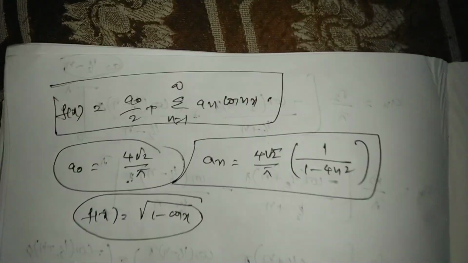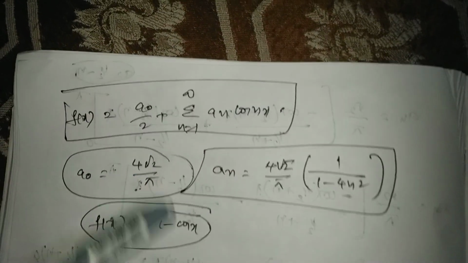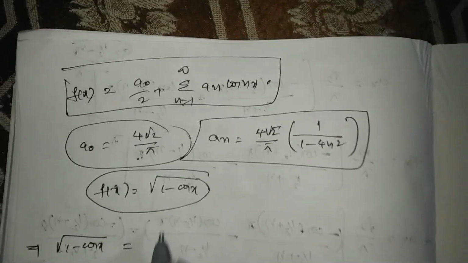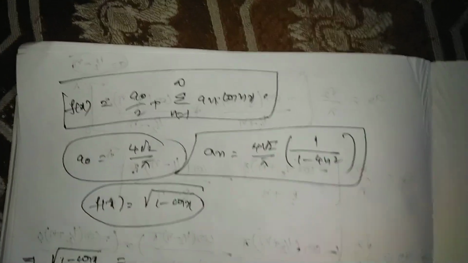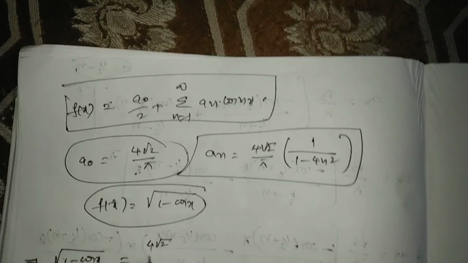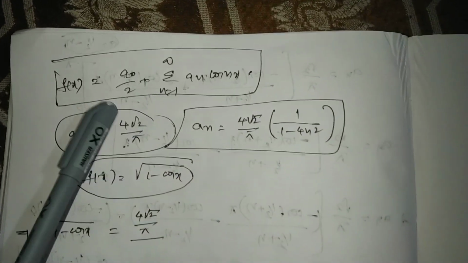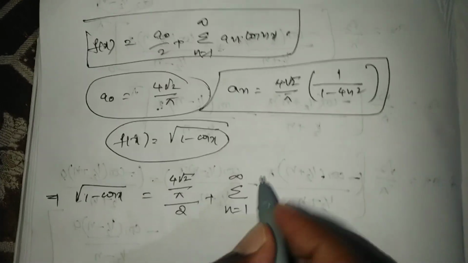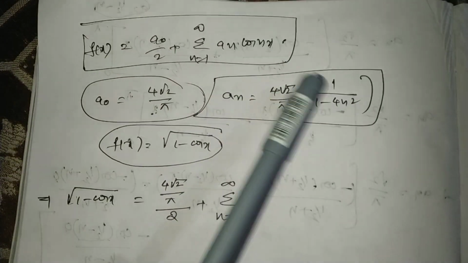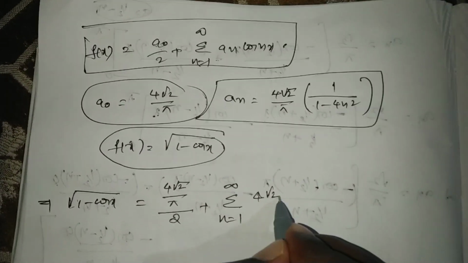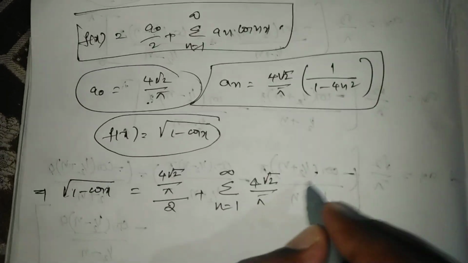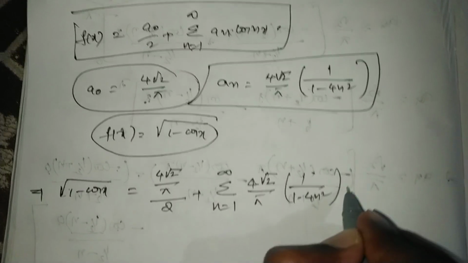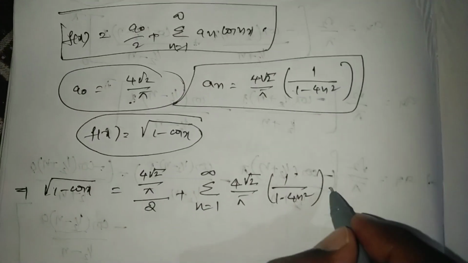Therefore, root of 1 minus cos x is equal to a naught value, 4 root 2 by pi, whole by 2, plus summation n is equal to 1 to infinity, now an value, 4 root 2 by pi into 1 by (1 minus 4n square) into cos nx.